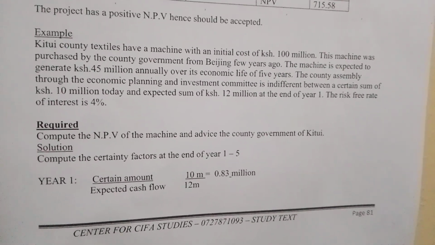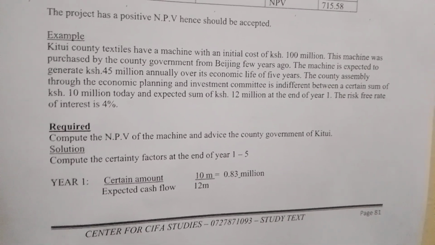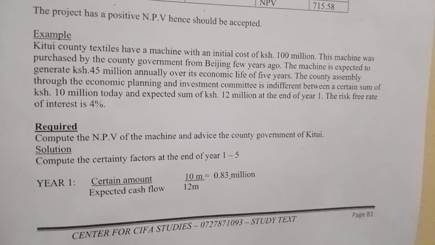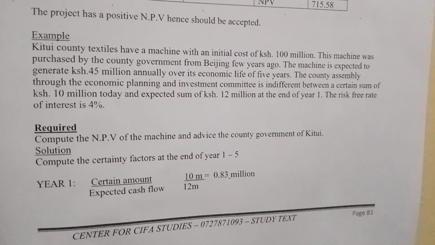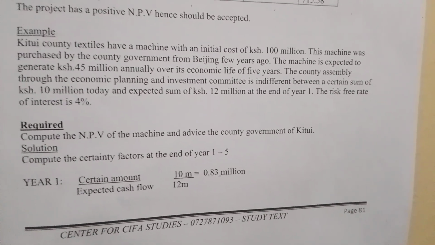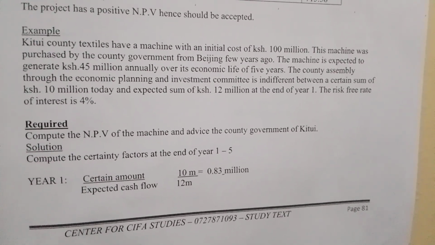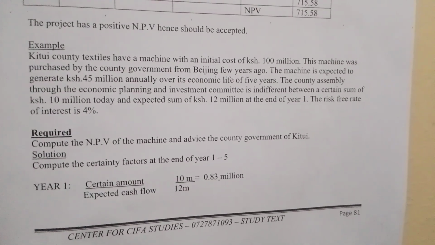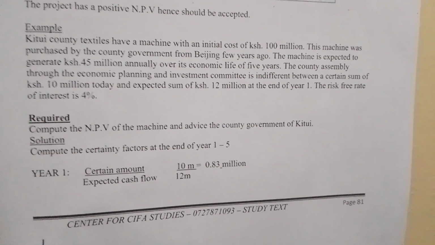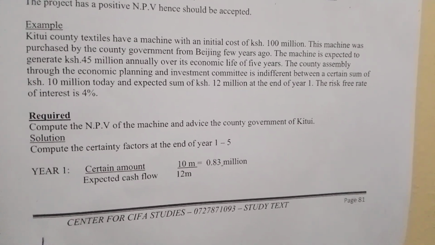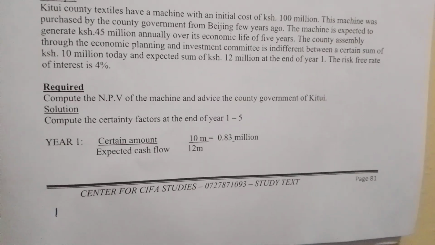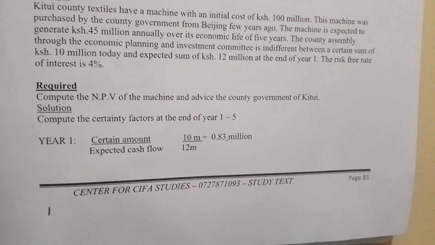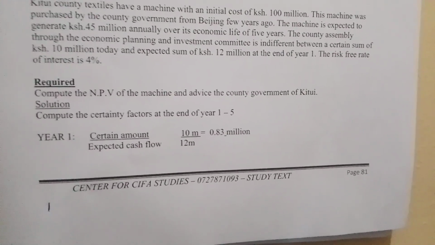The machine is expected to generate shillings 45 million annually over its economic life of 5 years. The County Assembly, through the Economic Planning and Investment Committee, is indifferent between a certain sum of shillings 10 million today and an expected sum of shillings 12 million at the end of year 1. The risk-free rate of interest is 4%. Required: compute the net present value of the machine and advise the county government of Kitui.